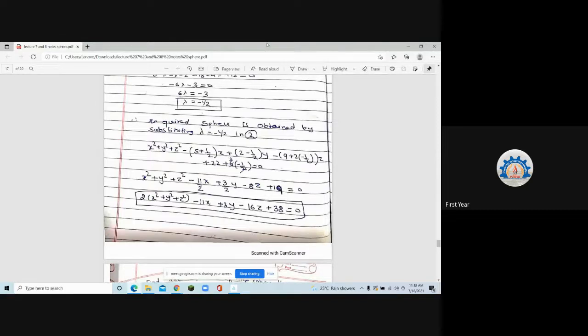Everybody is getting it? You can take that 2 on top also. x square plus y square plus z square minus 11 by 2x plus 3 by 2y minus 8z plus 19 you are getting, na? Equal to 0? Yes, ma'am, 19.